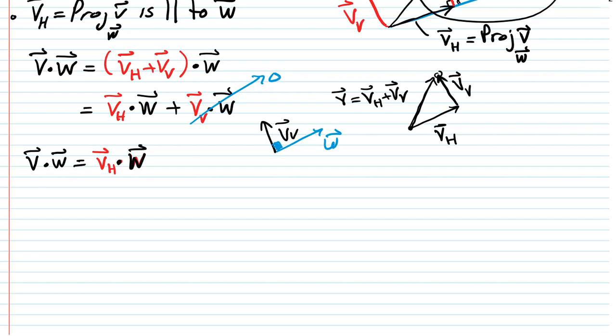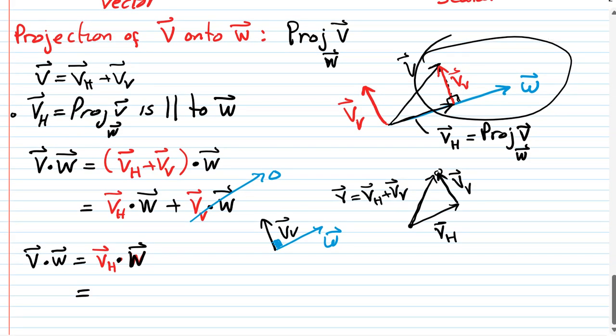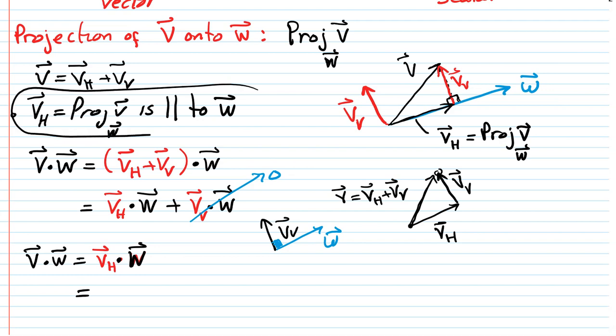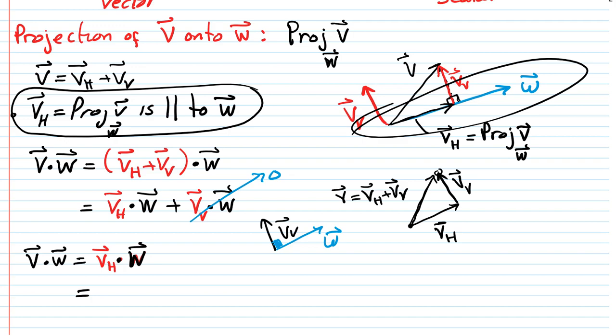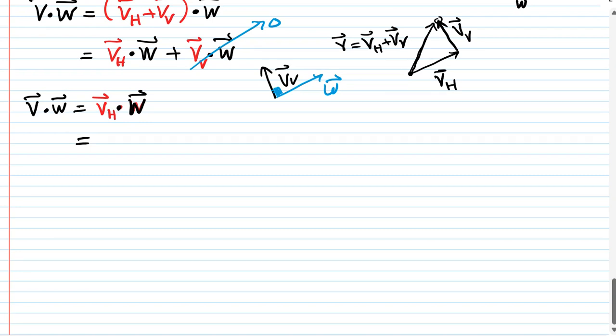Now, because the horizontal component is parallel, we just said that here, because the horizontal component is parallel to W, meaning it's going in the same direction as W, well, by definition of two parallel vectors, that means I can write the horizontal component as a scalar multiple of W, true? Okay, we established that earlier.